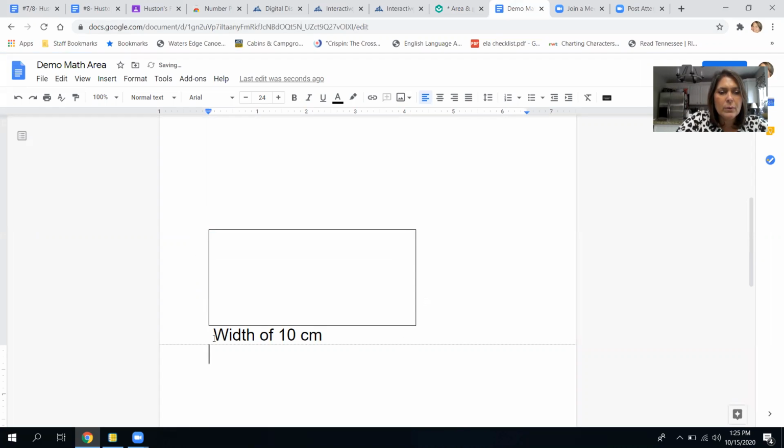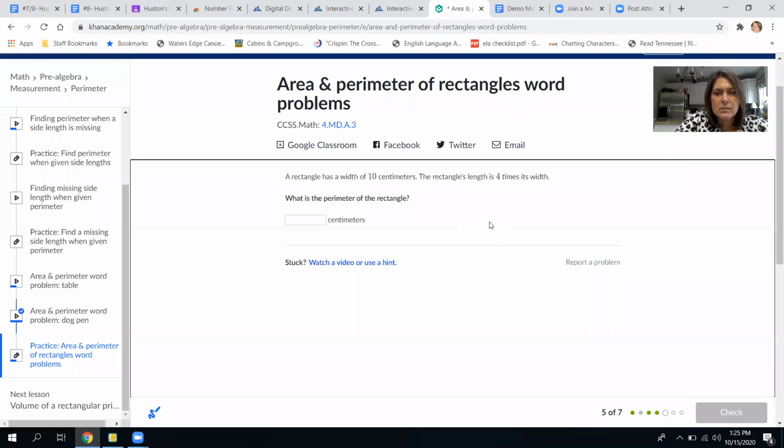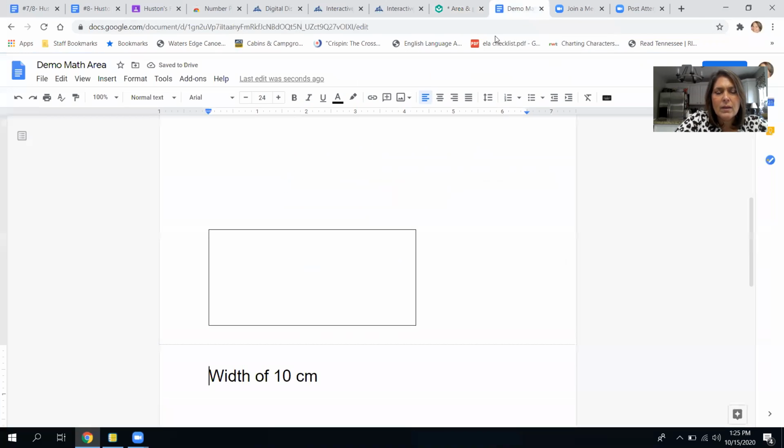And we know that the length is 4 times the width. So if the width is 10 centimeters, you're going to take 10 and multiply that by 4, because the length is 4 times bigger. So the length is going to be 10 times 4, which is 40 centimeters.